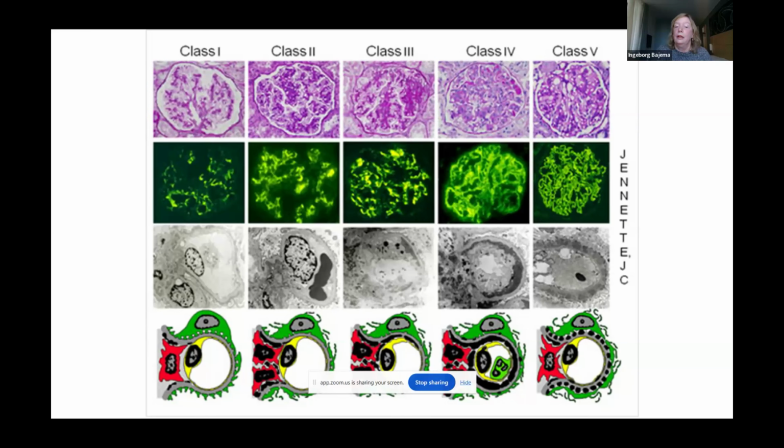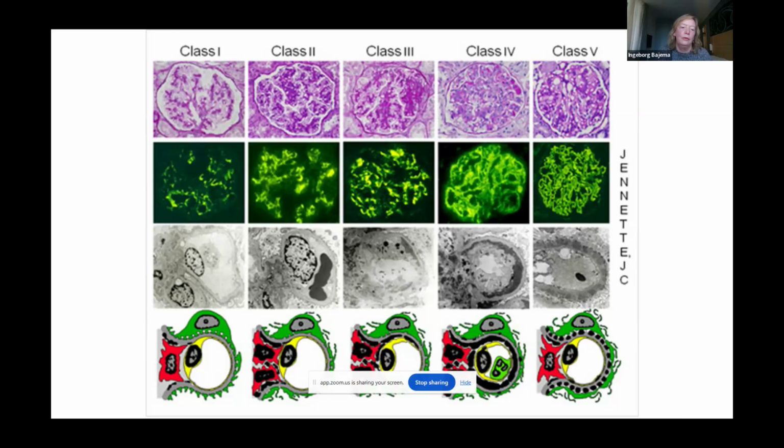We see what we see in a capillary loop by electron microscopy. And on the bottom end, we see in these very nice drawings of a capillary loop with the podocyte in green, the mesangial cell in red, and the endothelial cell in yellow, how they are affected by the disease. And we see all of these deposits coming in.